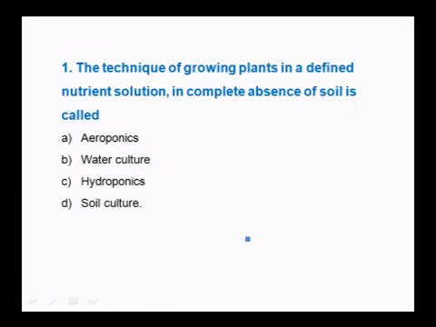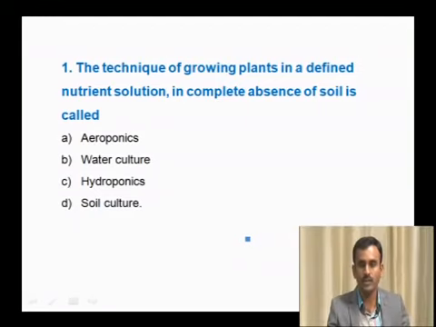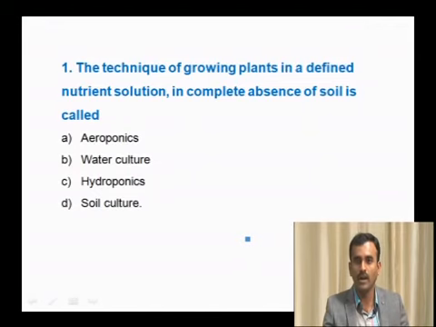Now let us take some of the questions related to this topic. The first question is, the technique of growing plants in defined nutrient solution in complete absence of soil is called soilless culture or hydroponics.